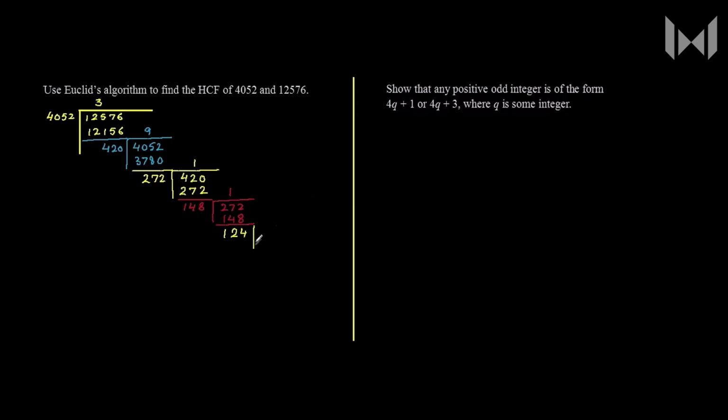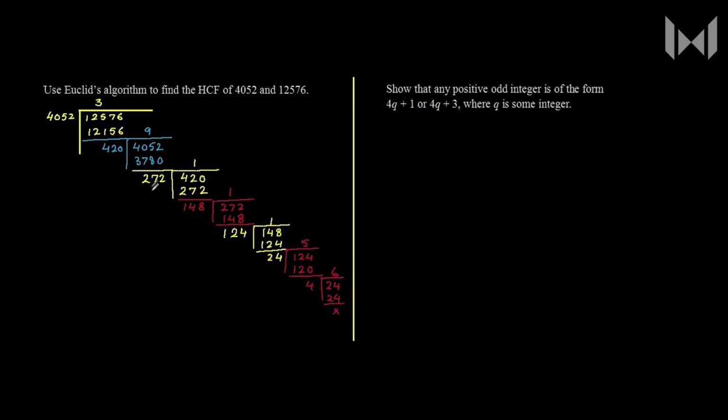Now we are dividing the previous divisor 148 by 124, and we are left with 24. Once again dividing the previous divisor 124 by 24, we get 5 times, that's 120, and then we are left with 4, and we divide the previous divisor 24 by 4 and we get 6, so 24. Now we are not left with any remainder.